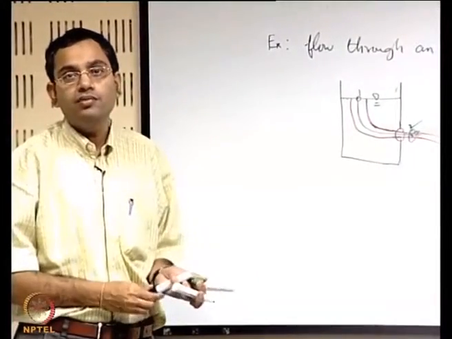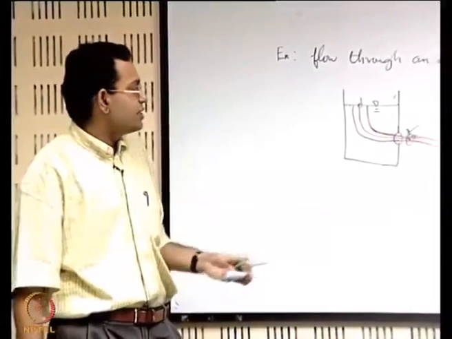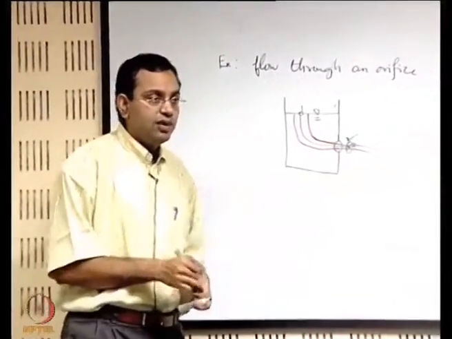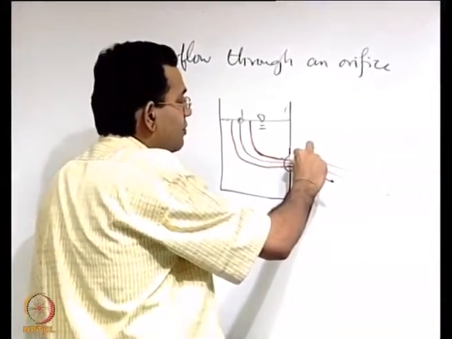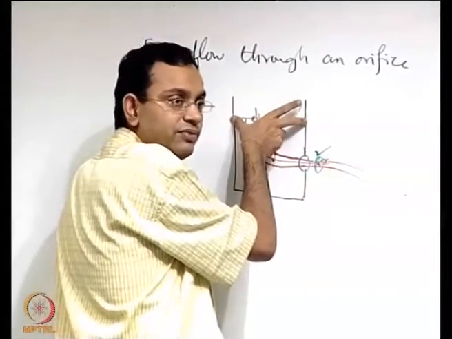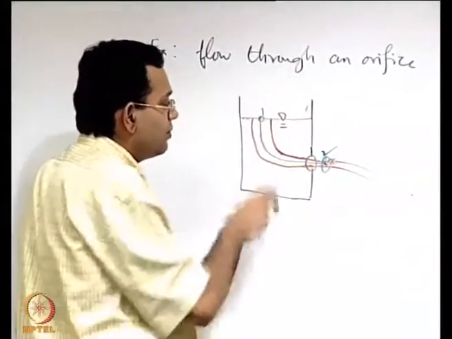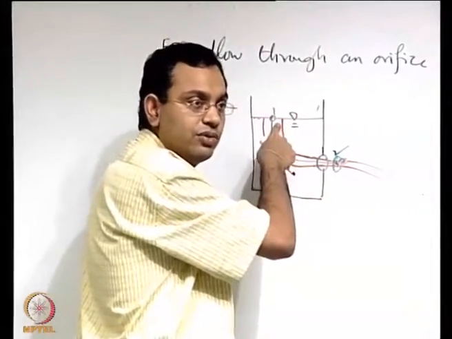Number 2, we will assume that it is frictionless flow, and then we will also assume that the area of the orifice is much less than the area of cross section of the main tank. So if you have that, then you neglect V1 as compared to V2.